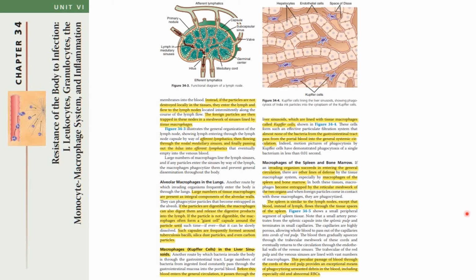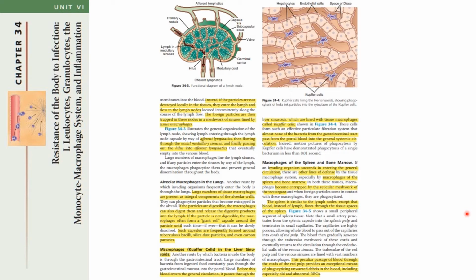Lymph enters the lymph node capsule by way of afferent lymphatics, then flows through the nodal medullary sinuses and finally passes out through the hilus into the efferent lymphatic that eventually empties into the venous blood. So the lymph travels from afferent lymphatics to medullary sinuses and to the efferent lymphatics.